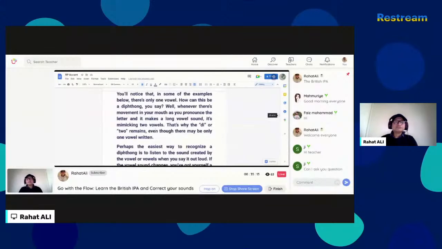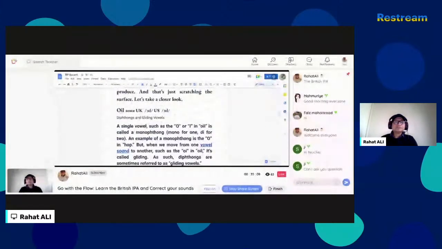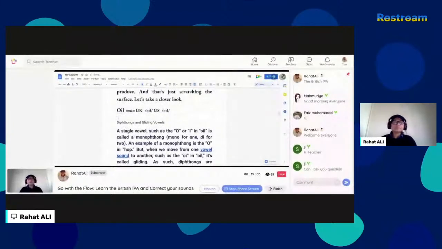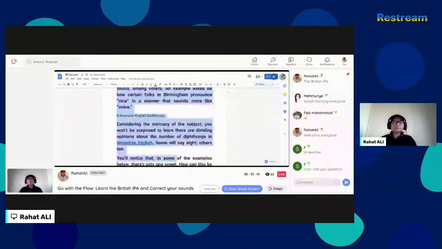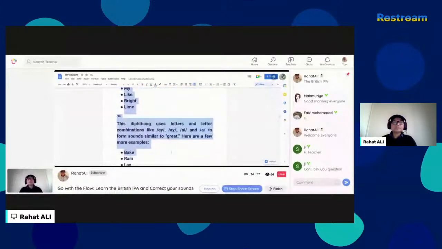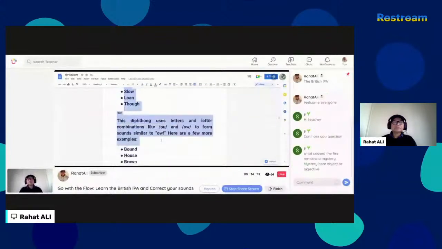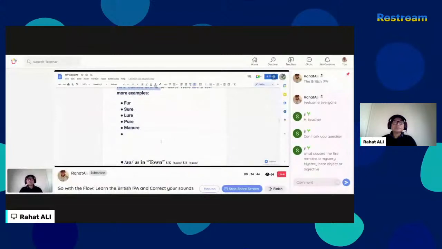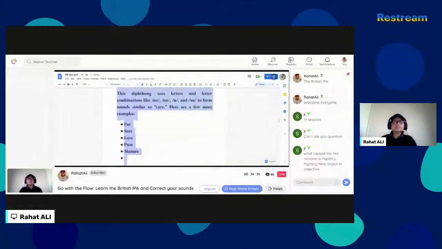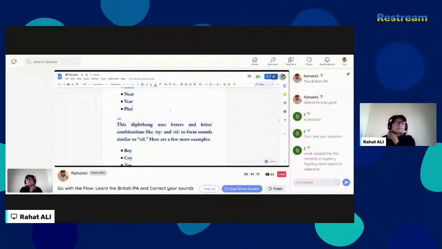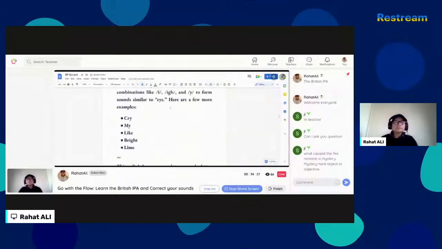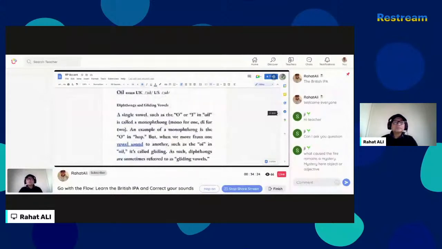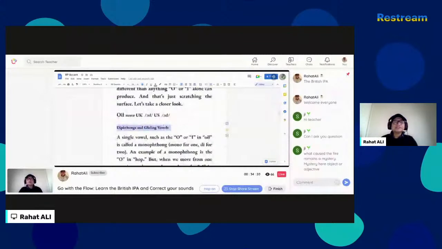So let me change these fonts. So, diphthongs and gliding vowels.